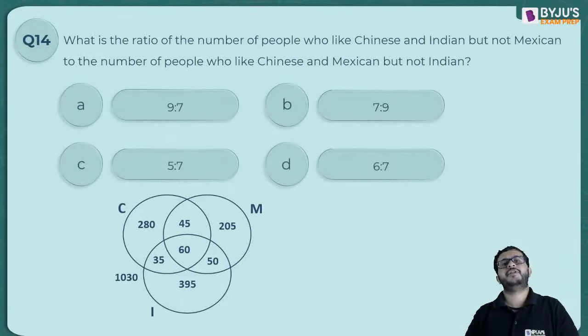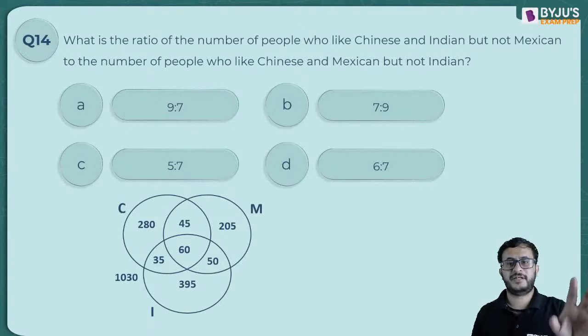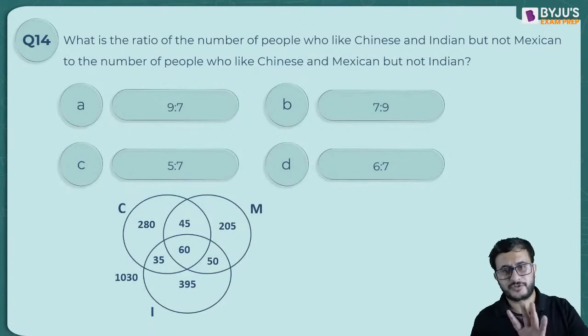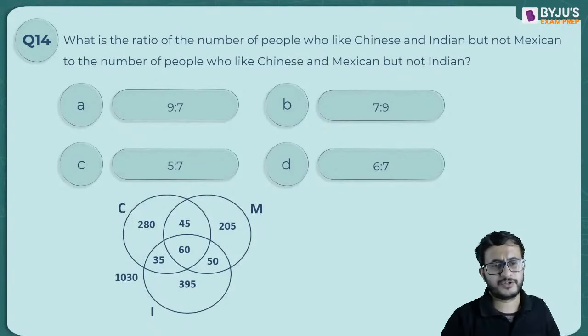What is the ratio of the number of people who like Chinese and Indian but not Mexican to the number of people who like Chinese and Mexican but not Indian? So I was just joking that it was a 7-8 minute, right? It was not, it was easily beyond 10 minutes just to solve the values.